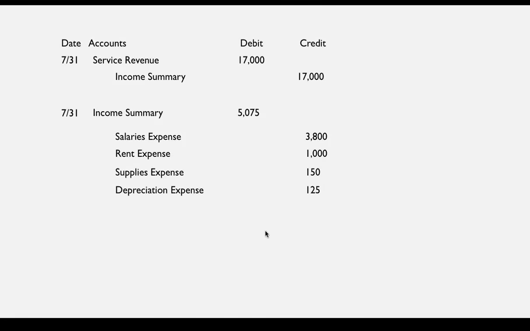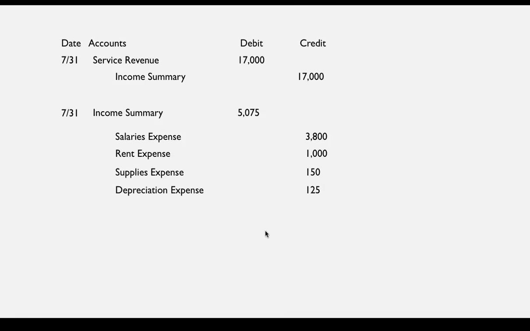The framework of those entries are going to be consistent. You will always debit your revenues, credit income summary. Then debit income summary and credit all of your expenses. This third closing entry, what we are doing is we are closing our income summary account.